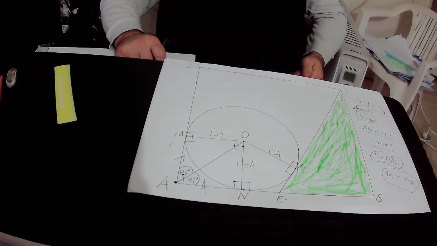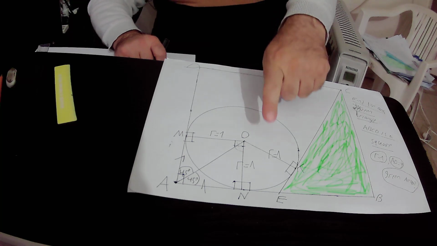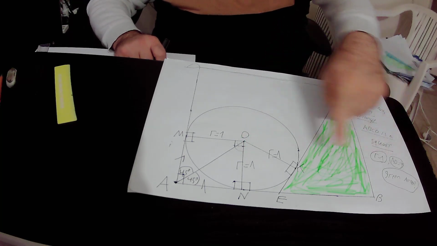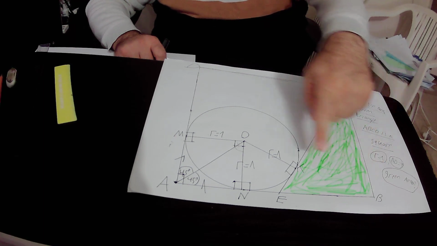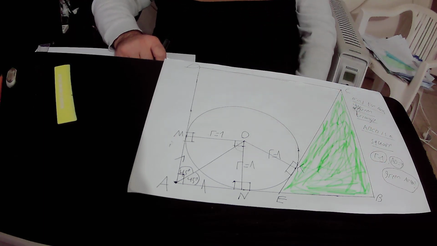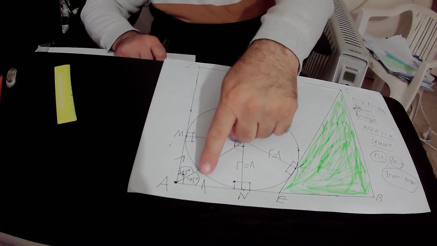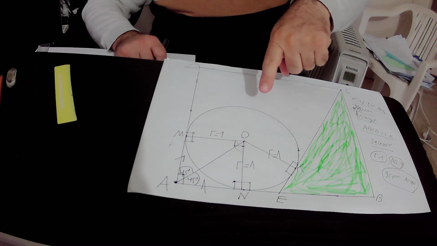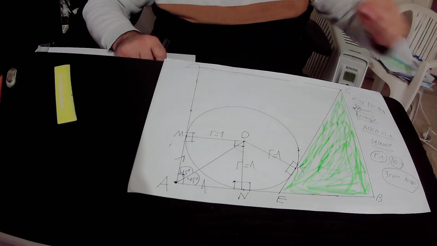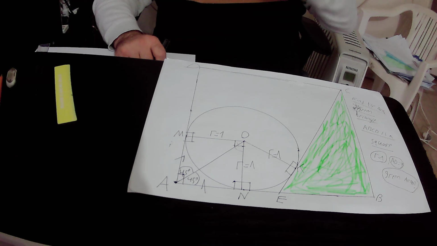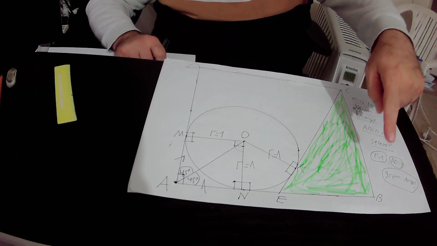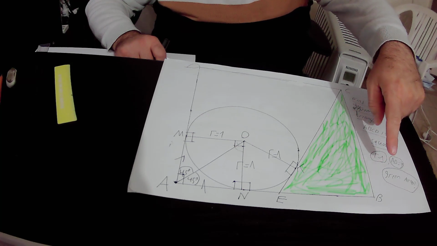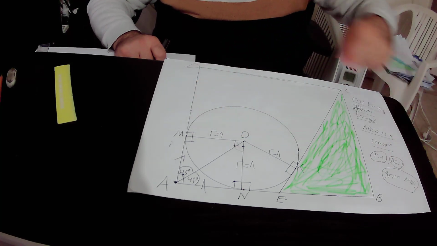But because point N is located on side AB of the square, we can refer to this angle that equals 45 degrees as angle OAB, because all 3 points A, N, and B are located on the same straight line.